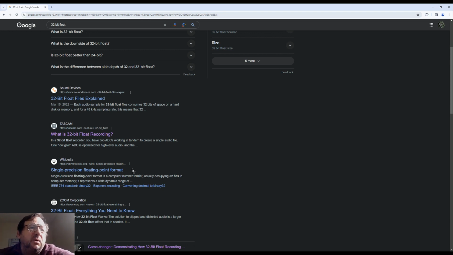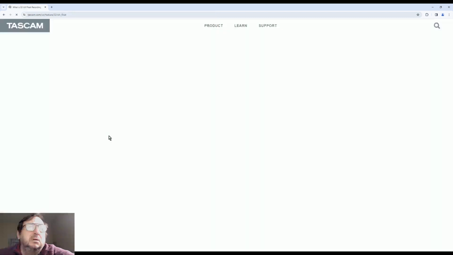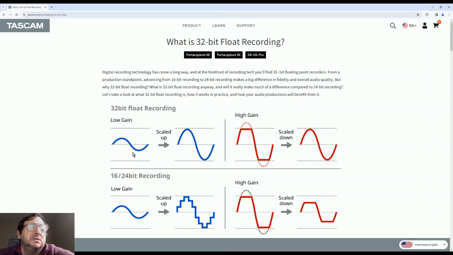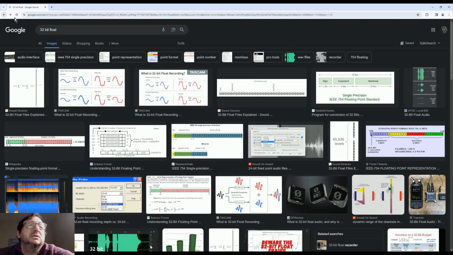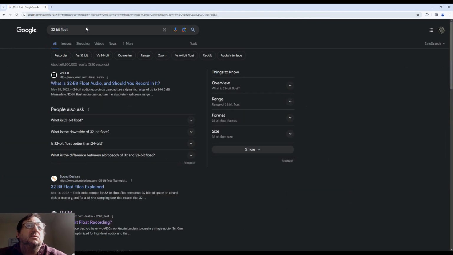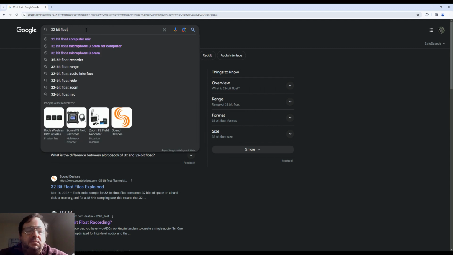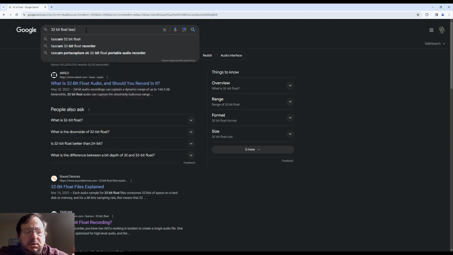That's one way, and this would be the second way, because your camera cannot record this, and most cameras cannot. I've never seen it, even 20 grand video cameras cannot record. So what you do is, it's called a Tascam recorder.